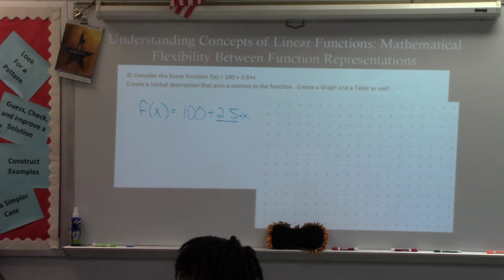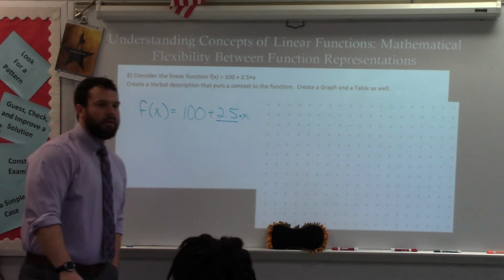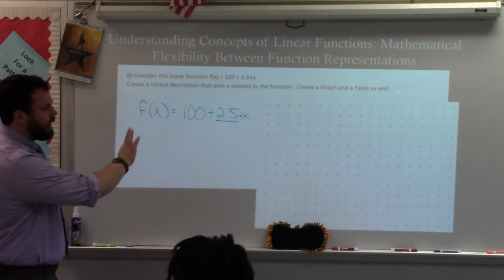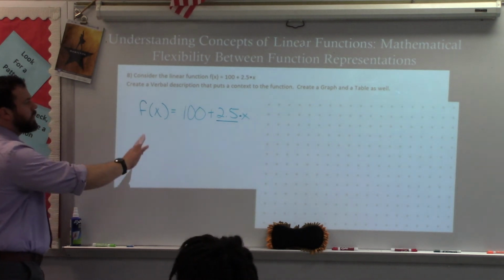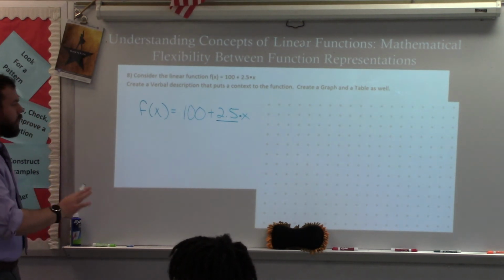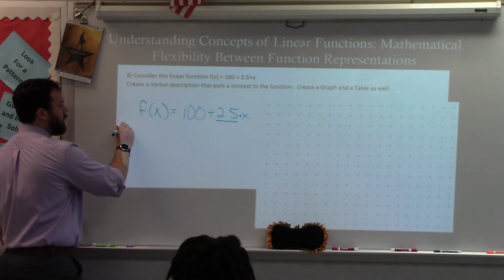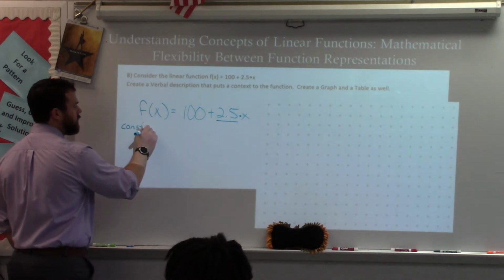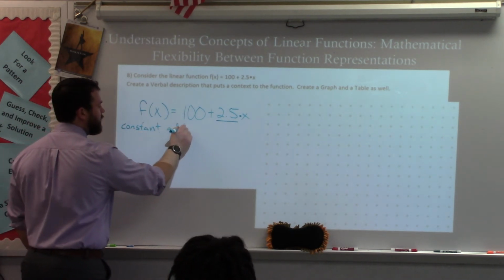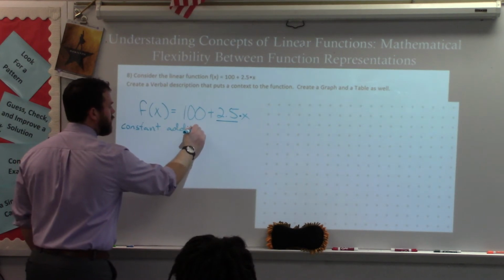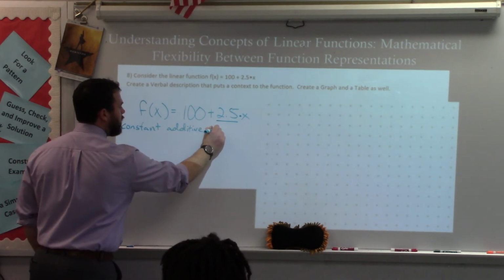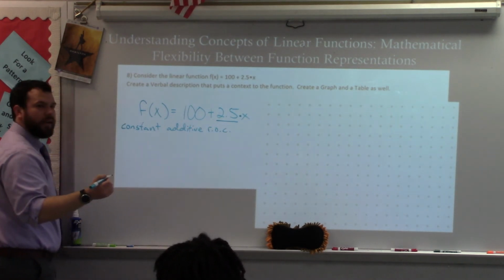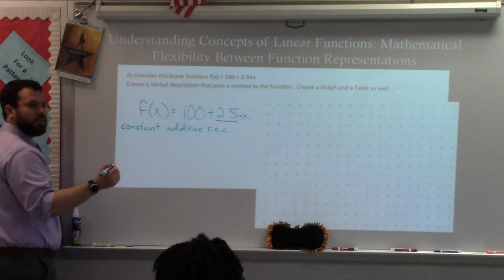We good with that? Alright, the main thing I want us to notice, and I'm not going to get into the graph or a verbal description, is that there is a constant additive rate of change. By the way, what's the name of that constant additive rate of change?